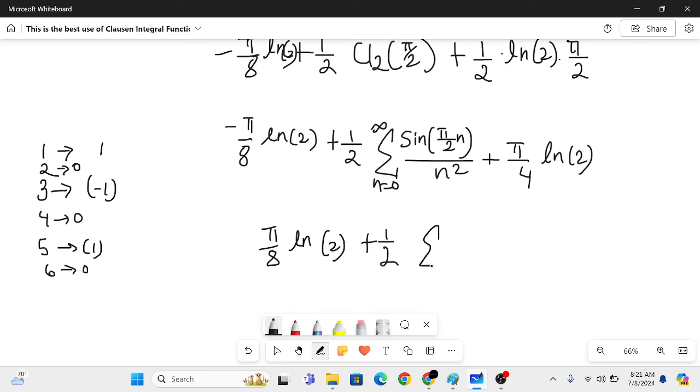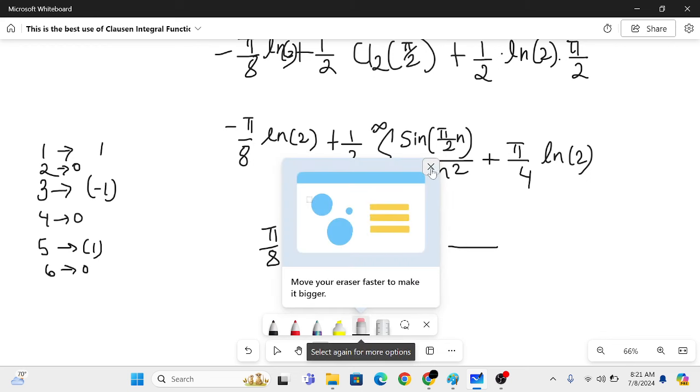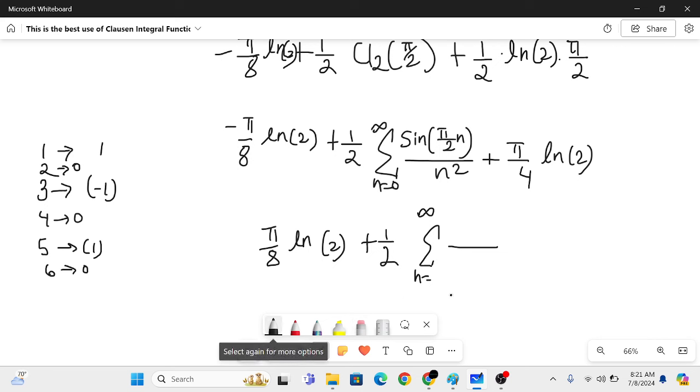Yes. So let's say the sum from n equals 0 to infinity. No, not from 0, let's say from 1 to infinity, and we have just odd numbers over here. Only for odd numbers does this sum actually become some number; for even numbers it goes to 0.